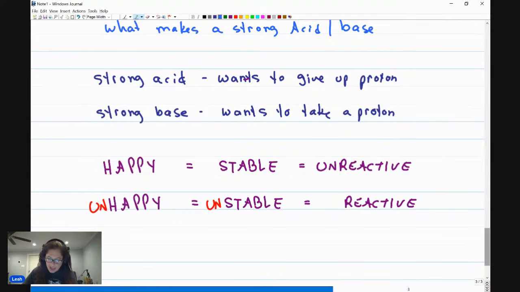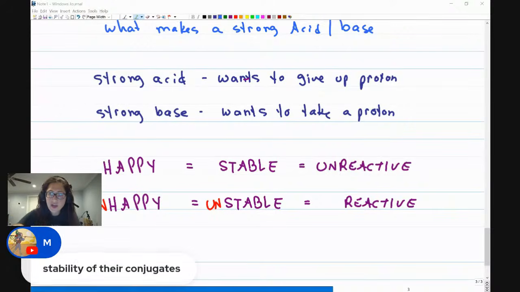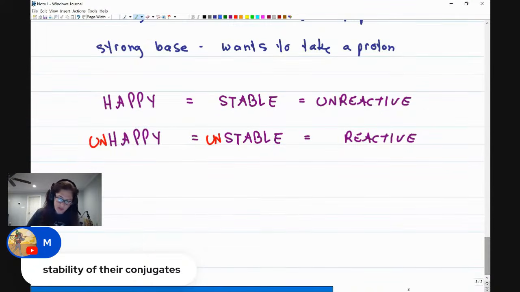And if we apply this to the molecules, then going back to what I said, the stability of their conjugates is one way that we are going to evaluate. So what does that mean?